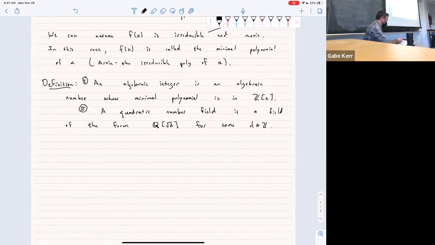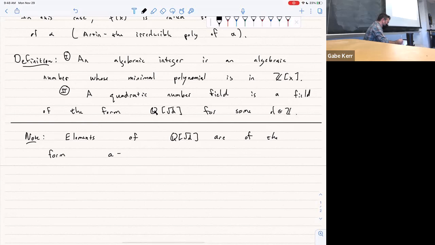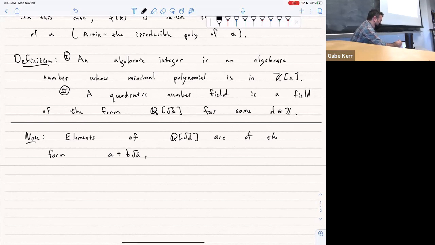In order to do that, we want to get a sense of what we're dealing with. We have one of these. Elements are of the form a plus b square root d, where a and b are rational.